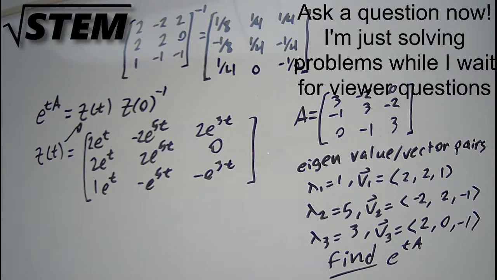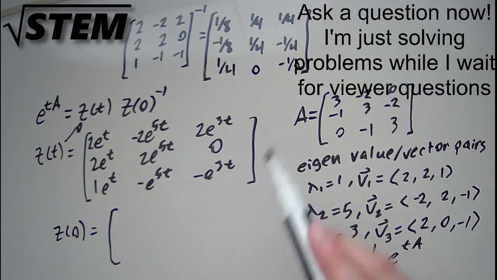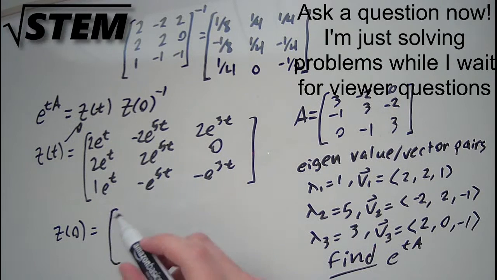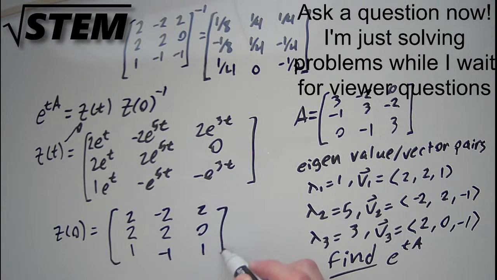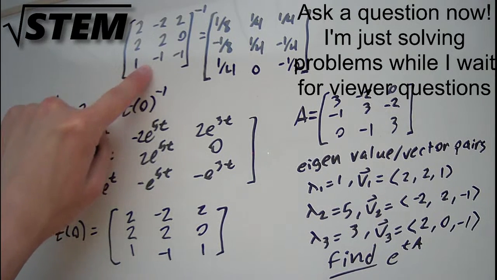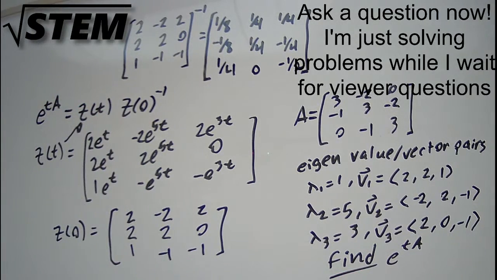And if we plug in 0 for all of these e to the something t's, Z of 0 becomes, e to the 0 is just 1, anything to the 0 power is 1, so we just get 2, 2, 1, negative 2, 2, negative 1, 2, 0, 1. I dropped a negative. That is exactly the matrix that it gave us at the beginning of the problem.